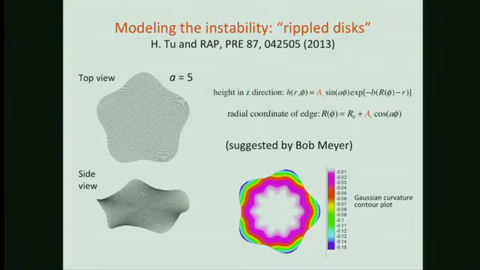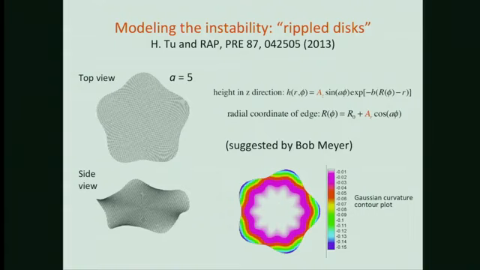Now, one thing you did not see in the experimental movie, and in fact they couldn't, even if they changed to an edge-on view, it would be beyond experimental resolution, is that in the model I'm going to show you, which was actually suggested by Bob Meyer, the disk is not only rippling in the plane, but also out of the plane.